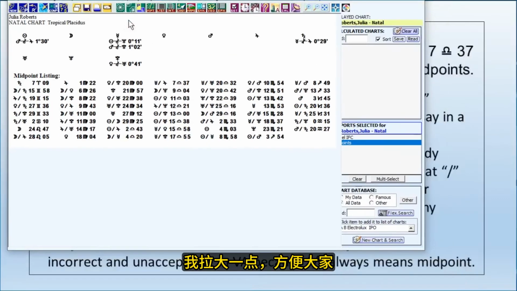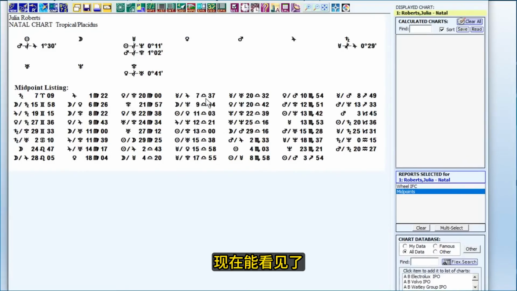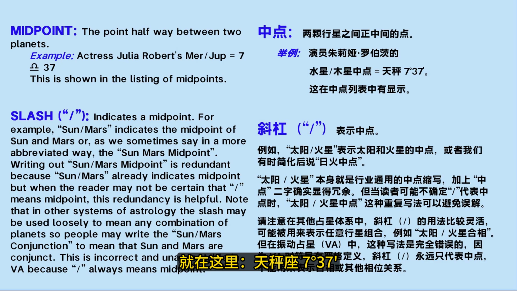Let me stretch this out a little bit to make it easier for you to see that. You can probably see it now right up here, 7 Libra 37. So that is the midpoint of Mercury and Jupiter for Julia Roberts.